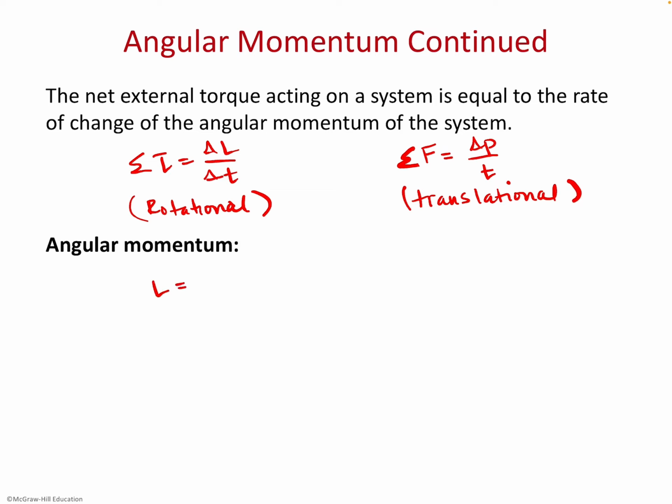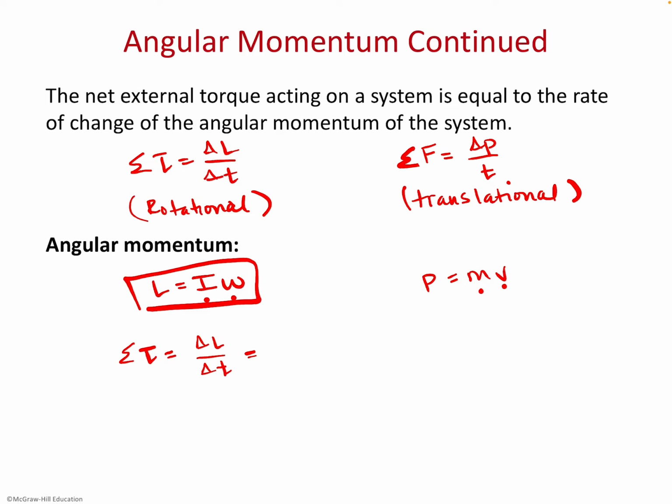All right, so angular momentum is I times angular velocity, just like translational momentum is mass times velocity. Remember, moment of inertia is like mass, and then of course angular velocity and translational velocity. All these different symbols, I know. And then you could break it down again where the sum of torque is equal to angular momentum over time, where again you could plug your new equation for angular momentum in for L. So you could go I omega over time.